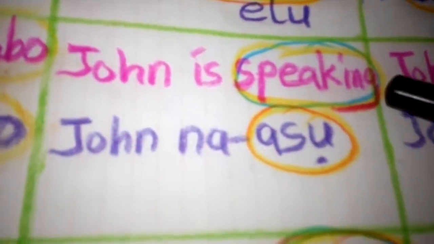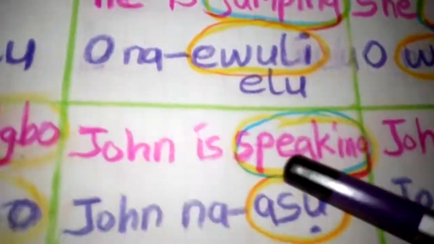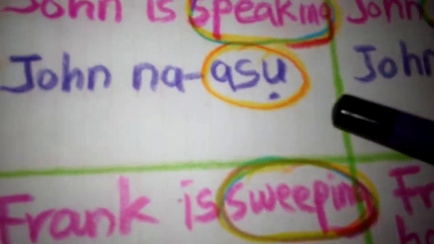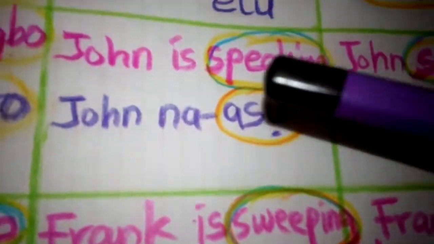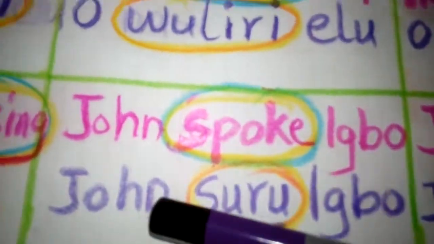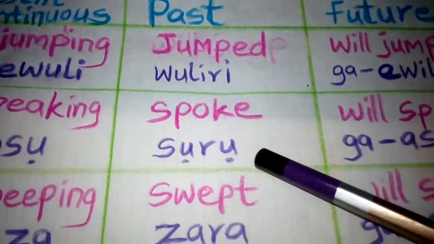John is speaking. That's the present continuous. Okay? John is speaking Igbo. John na asụ Igbo. Present continuous is doing it now. Okay? John spoke Igbo. Past tense.